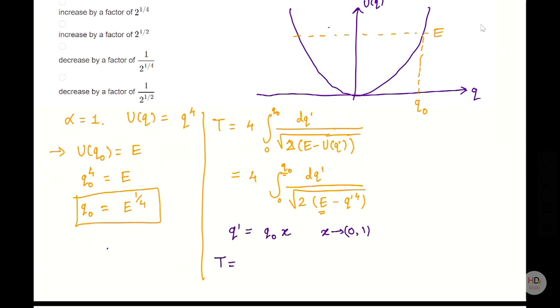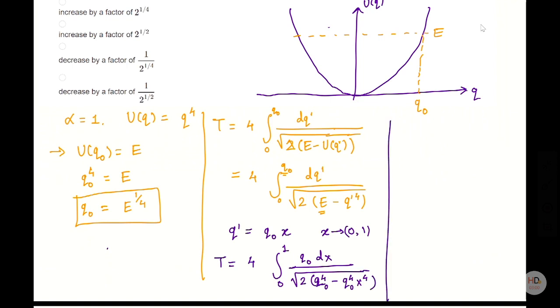So then t becomes 4 times the integral from 0 to 1. dq prime would be q0 times dx, and square root of 2 times E is q0 raised to 4, and this is q0 raised to 4 times x raised to 4. So now we can take all the q0s outside.